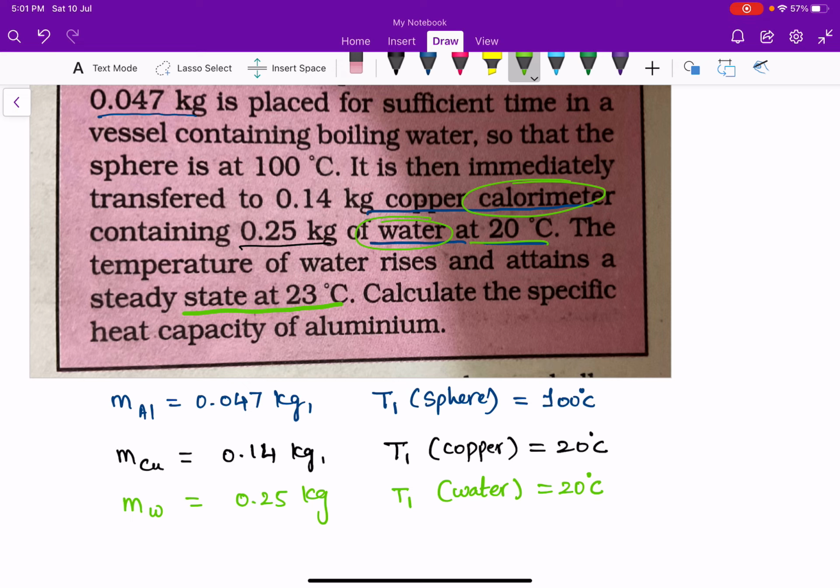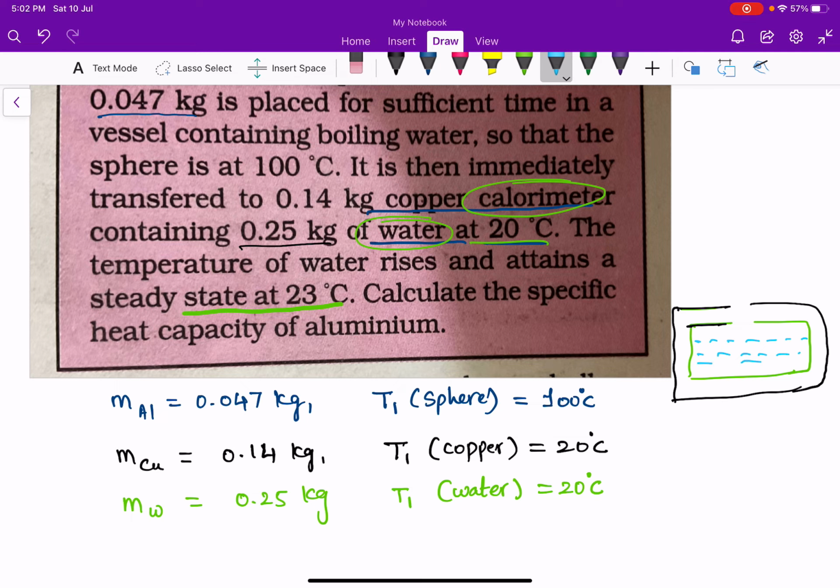So now let us take this as a copper vessel, the copper calorimeter. This is surrounded by insulating material such as wood, and inside this copper vessel there is 0.25 kg of water.